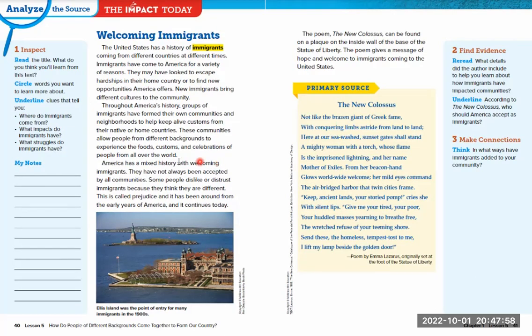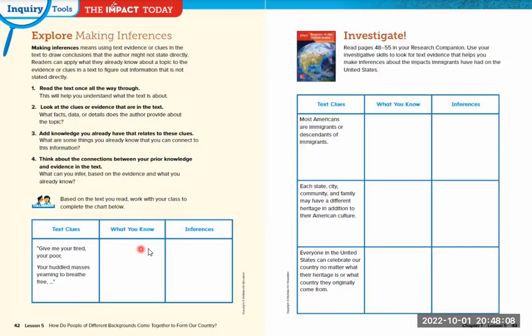And while sometimes America did welcome them with open arms, sometimes they didn't. So it wasn't always a good thing, according to different times in America, to have immigrants. And from there, you can write down what you know from your reading and then the inferences based on this poem. So combining those 2 pieces of information, what does that tell you?